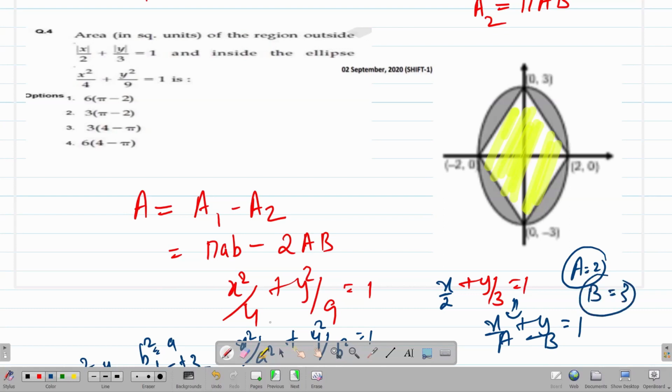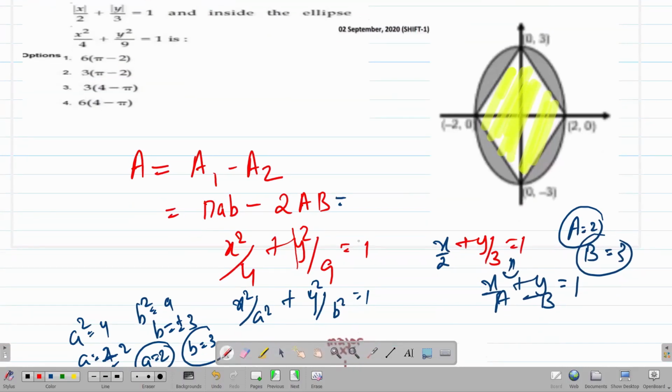And according to my shortcut, if I substitute these values, replacing A by 2 and B by 3, this is pi into 2 into 3 minus 2 into 2 into 3. So my answer is 6 pi minus 12, or if I take 6 common, my answer is 6 into (pi minus 2) square units. So my first option is the correct option.